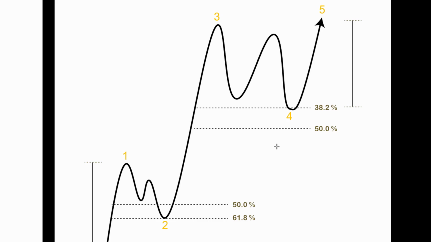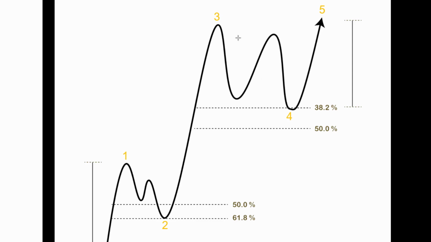So it doesn't retrace as much as wave 2 from wave 1 because it usually takes a sideways range, and its purpose is to consume as much time as possible, because according to the alternation guideline that we will discuss in a certain lesson, when wave 2 is sharp, wave 4 takes a sideways form.